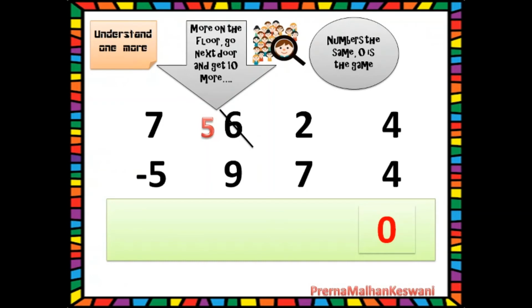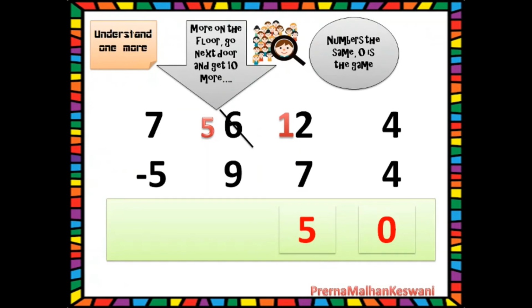And when you add 1 tenth to 2, it will be 12. So now it is more on the top. Now you can simply subtract. Start counting from 7 till 12. 8, 9, 10, 11, 12. The answer is 5.